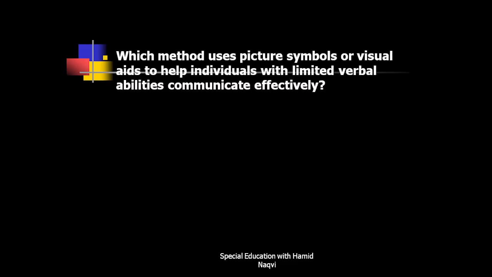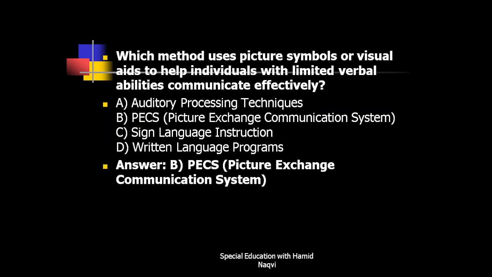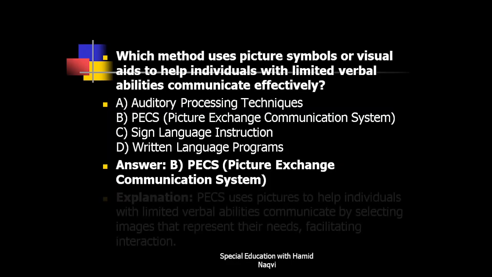Next MCQ is which method uses pictures, symbols, or visual aids to help individuals with limited verbal abilities communicate effectively? Auditory processing techniques, PECS, Picture Exchange Communication System, Sign Language Instruction, a Written Language Program, and the answer is PECS, which stands for Picture Exchange Communication System.